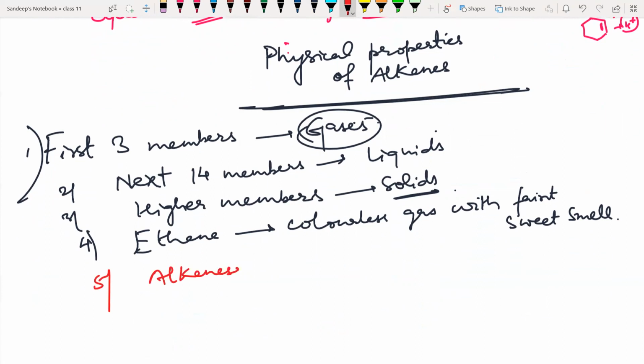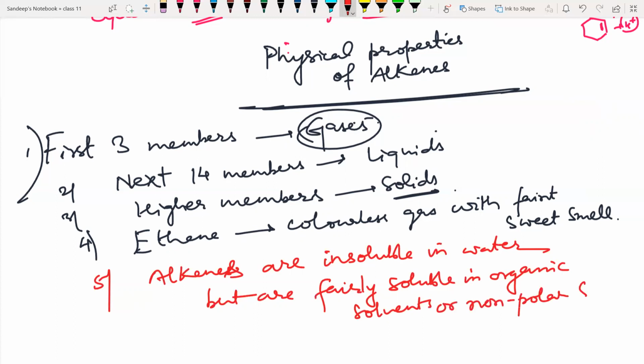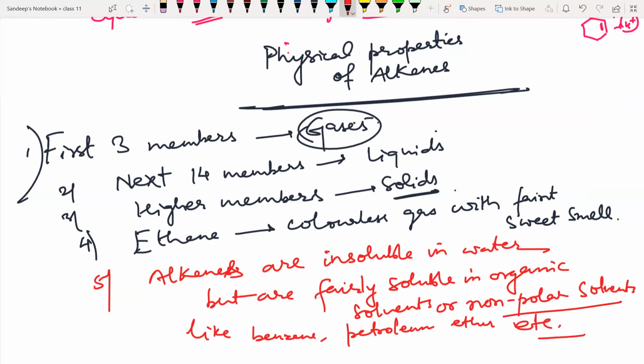Alkenes are insoluble in water, so they will not dissolve in water, but are fairly soluble in organic solvents, or you can say non-polar solvents, like benzene, petroleum, ether, etc. So they are soluble in non-polar or organic solvents, but insoluble in water.